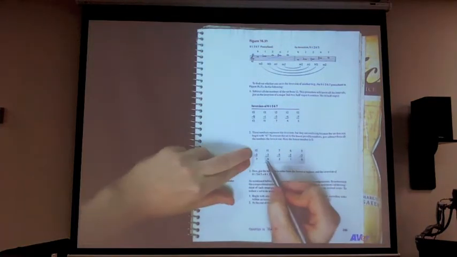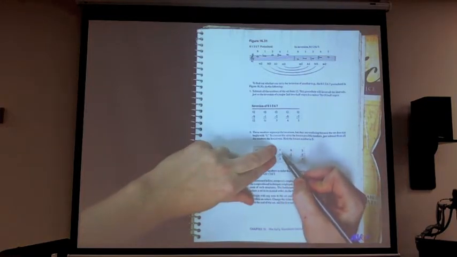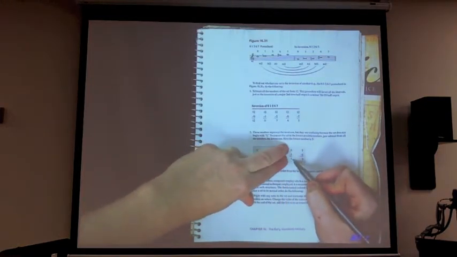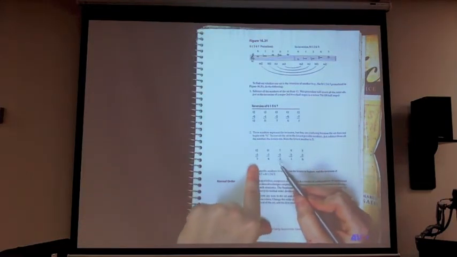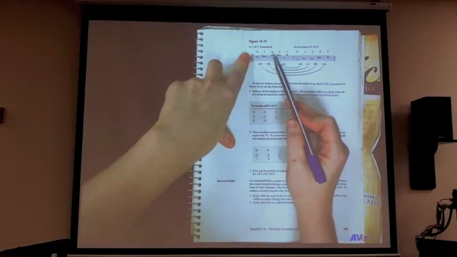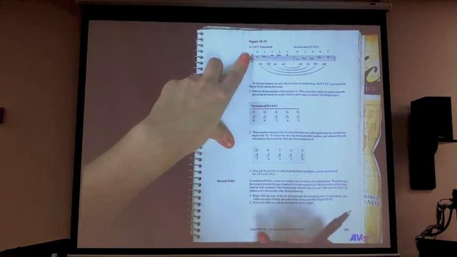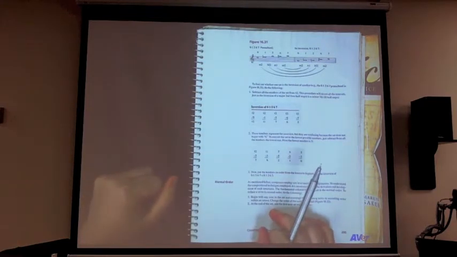So 12 minus 5 is 7, 11 minus 5 is 6, 7 minus 5 is 2, 6 minus 5 is 1, 5 minus 5 is 0. So you've got 0, 1, 2, 6, 7, as opposed to 0, 1, 5, 6, 7. Pretty cool, right? Now, there's an even easier way to do this.